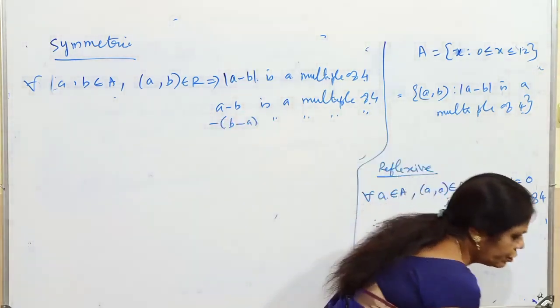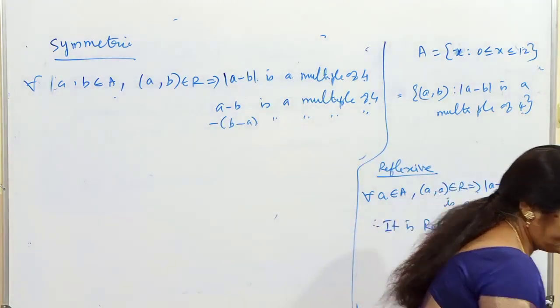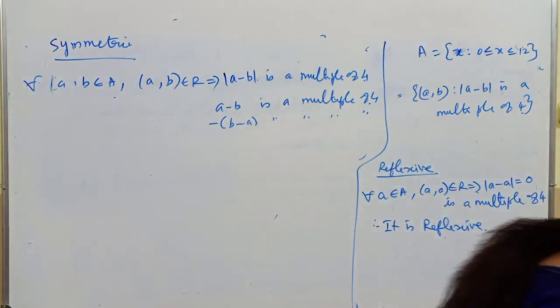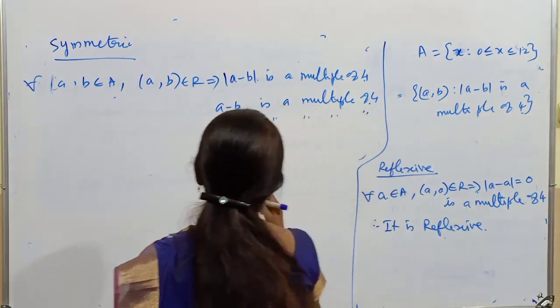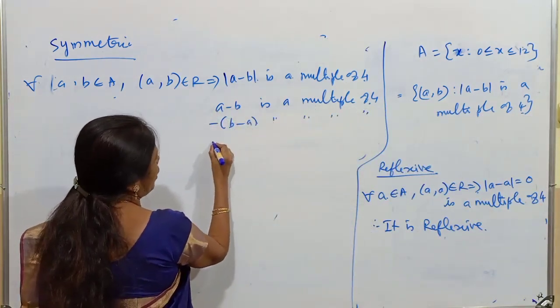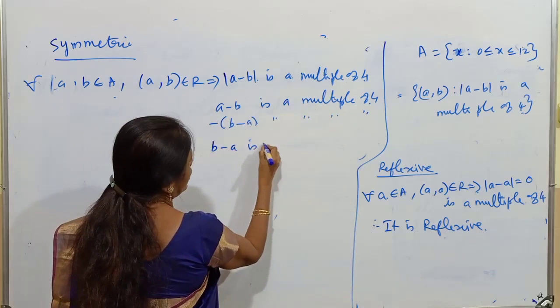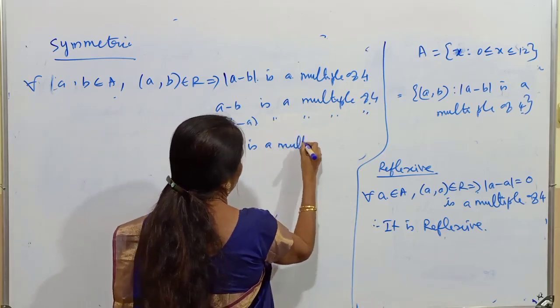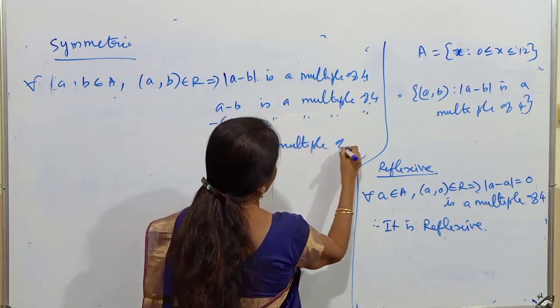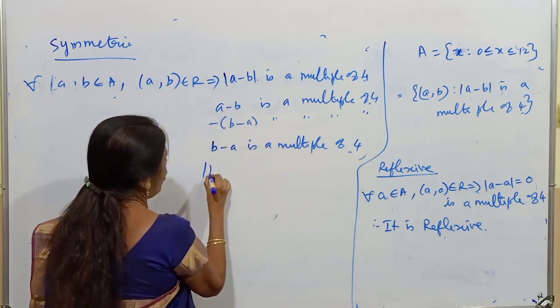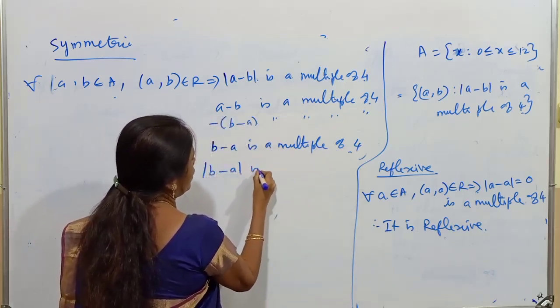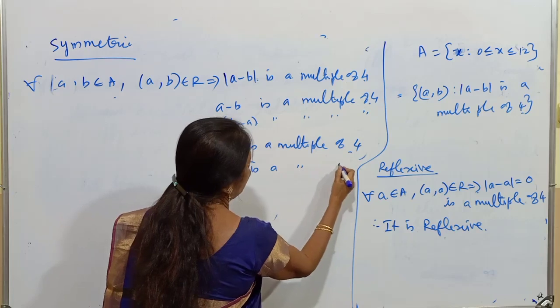Okay, I will wait for you some time. Any doubt you have? Can you continue? How will you continue this? So which implies B minus A is a multiple of 4. Therefore, modulus of B minus A is a multiple of 4.